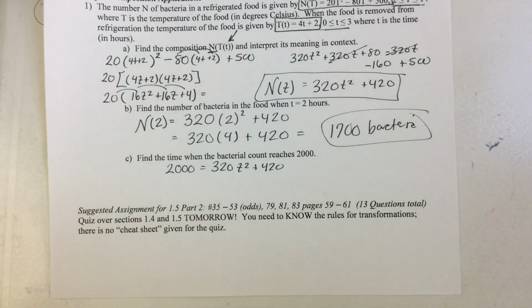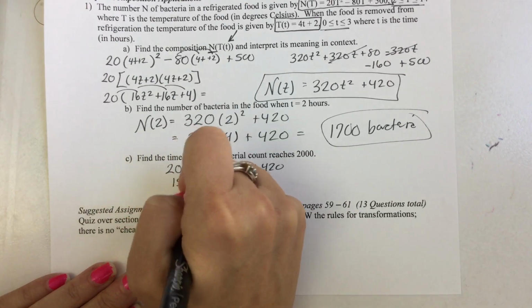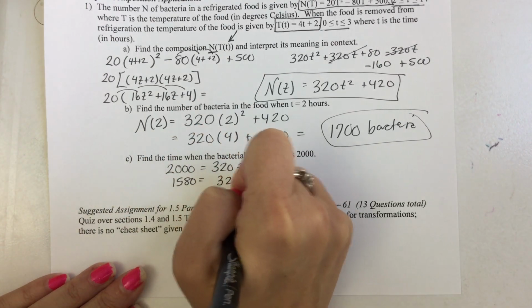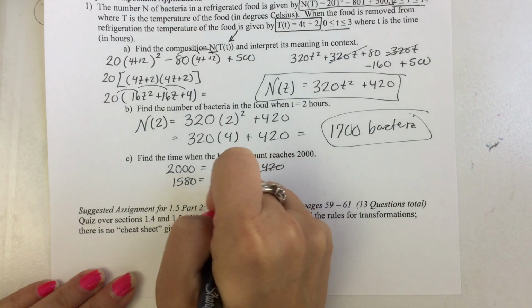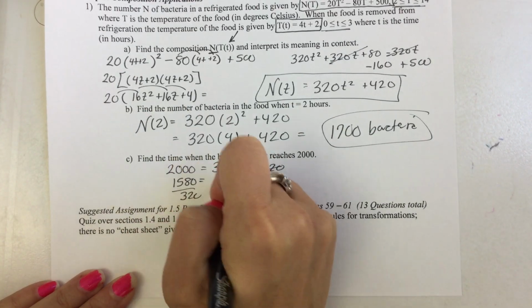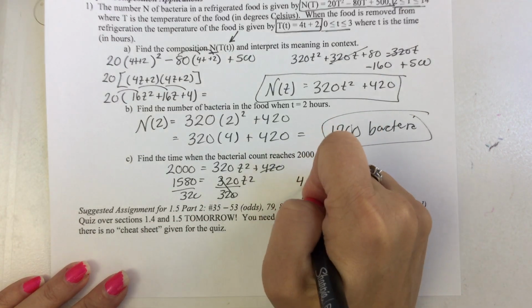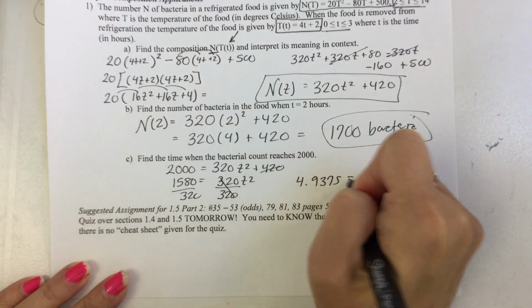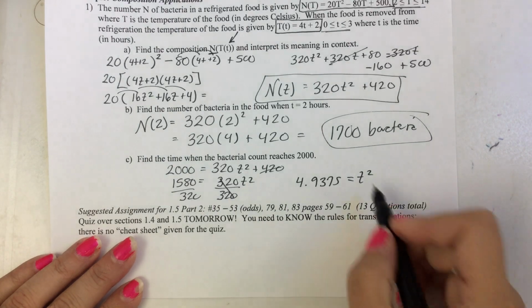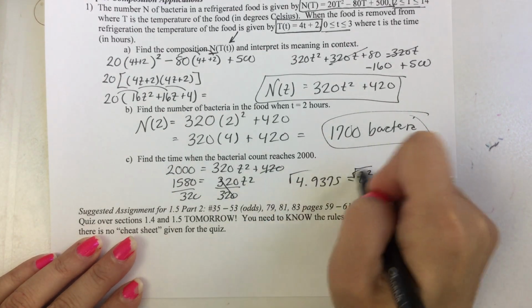If I take 2,000 minus 420, this is 1,580 equals 320t squared. Divide by 320. So 1,580 divided by 320 is 4.9375 equals t squared.